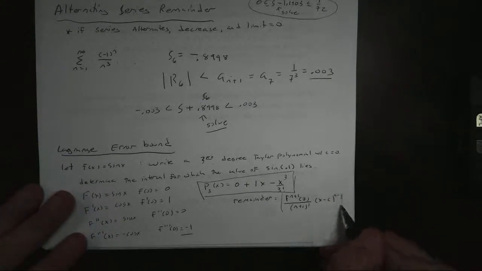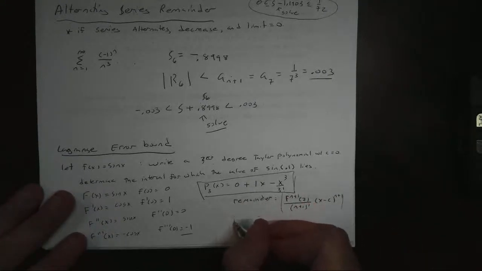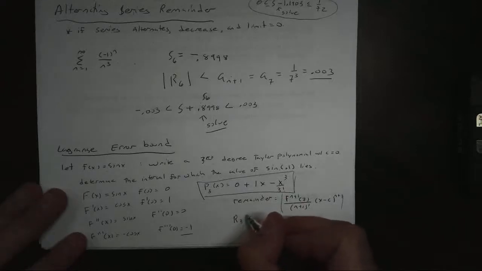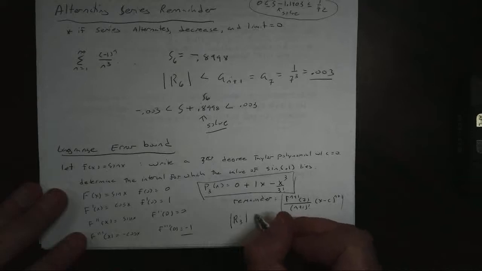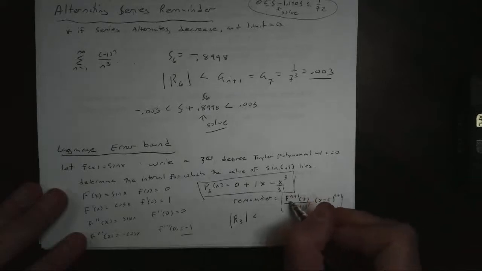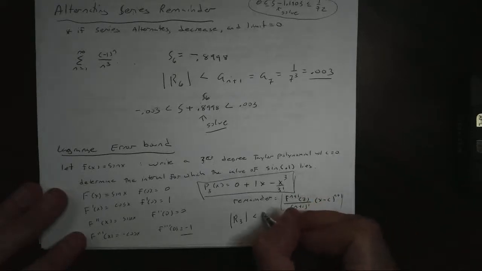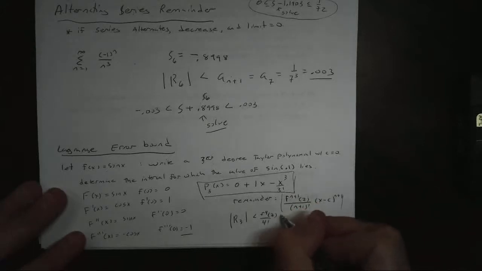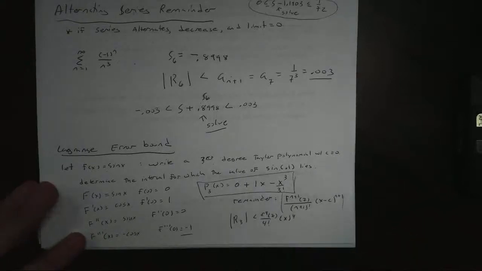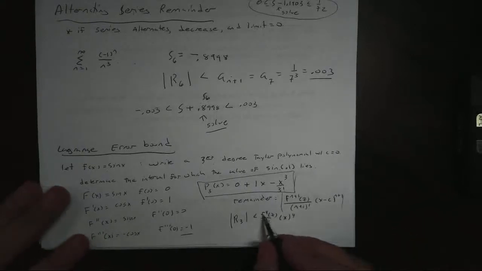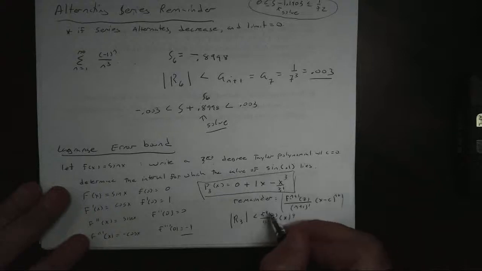So to get the remainder, we're going to be less than that. So my remainder of my third term, in this case, is going to be less than or equal to the fourth derivative of z over 4 factorial times x minus c, where c is 0, to the fourth. It is less than or equal to because it could possibly equal that one in that case.